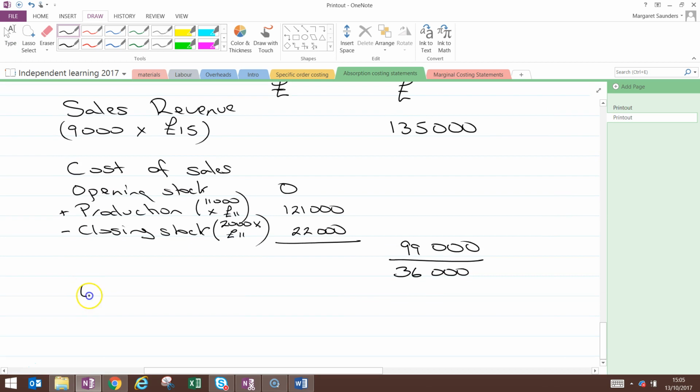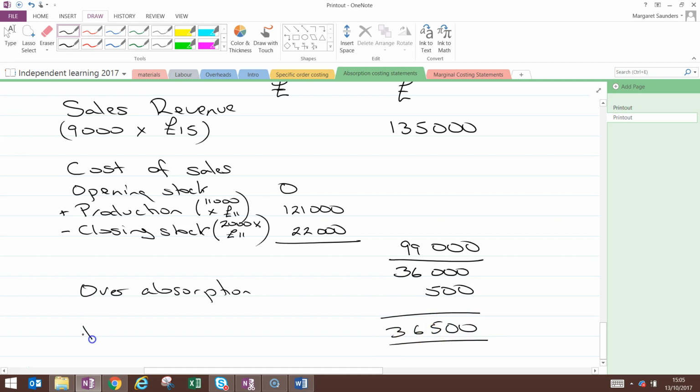So we have an over absorption. We add the over absorption and we have a final profit figure of £36,500. If there was an under absorption, it would be deducted. So there's the absorption costing statement.